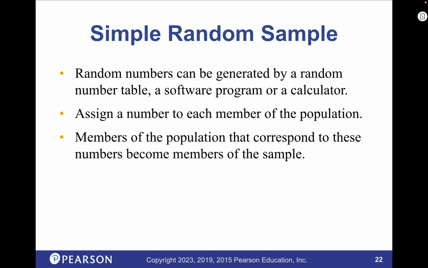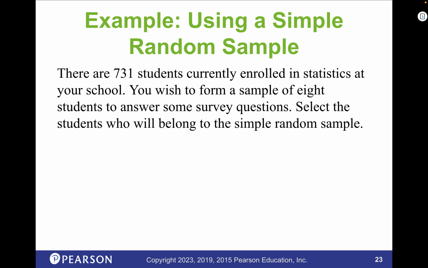So random numbers are generated from a computer, assigned to each member of the population, and then those members become part of the sample. But what if someone doesn't want to participate, right? That happens. So that's why sampling bias can occur, sampling errors can occur, because we selected them randomly, but some of them didn't want to participate. So we had to select some others. Okay, so that's how it happens.